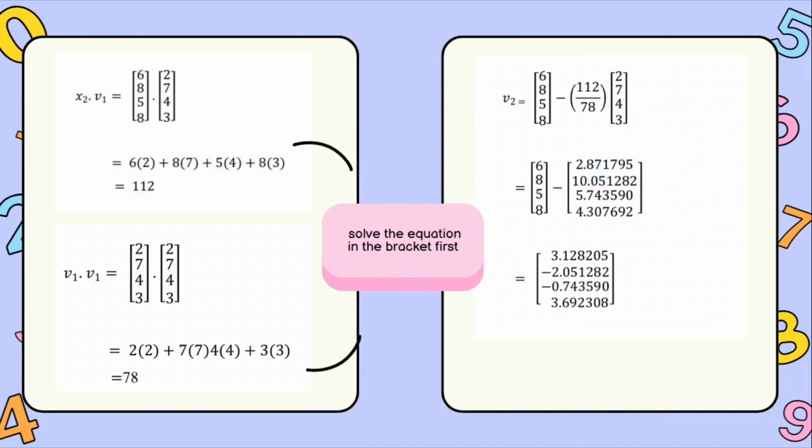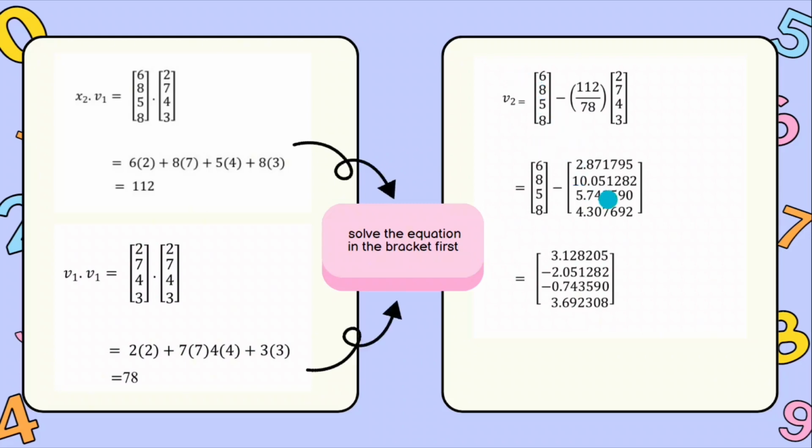And we get the answer: row 1 is equal to 2.871795, row 2 is equal to 10.051282, row 3 is equal to 5.743590 and row 4 is equal to 4.307692.